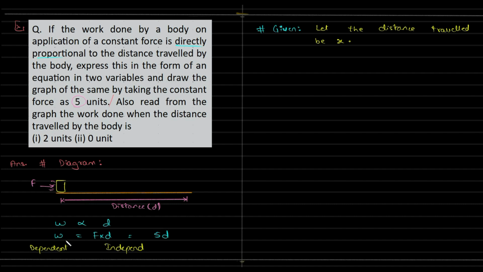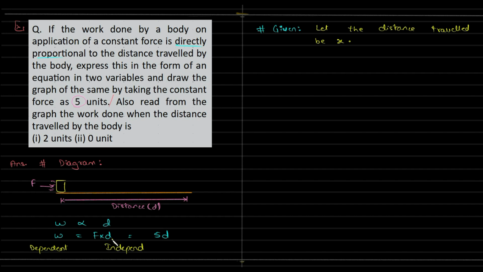And we know the formula as well, actually. Work is equal to force into displacement. So this is independent while this is dependent. Depending on the distance, we will decide how much work is done. It's generally the other way around: more the work we do, more the distance things are covered. But here we are looking at how much work is done depending on the distance.